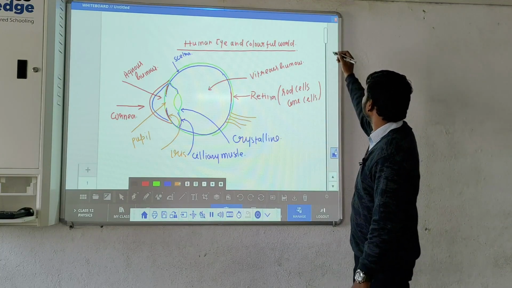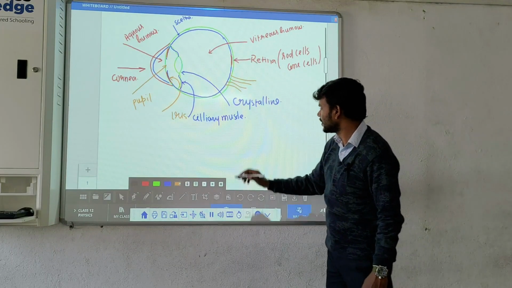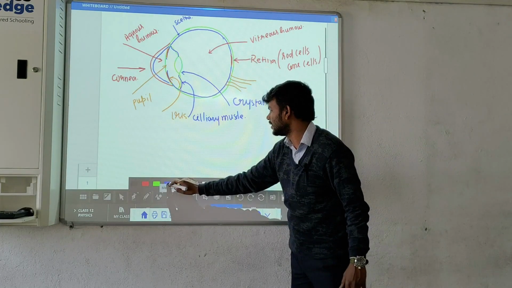Now we will see the different components, just to recall. We have seen the following parts of the human eye.